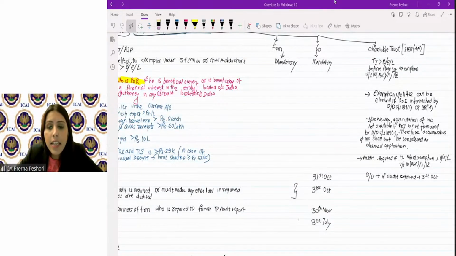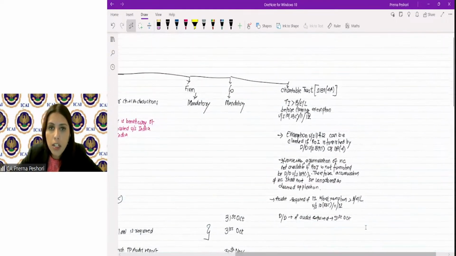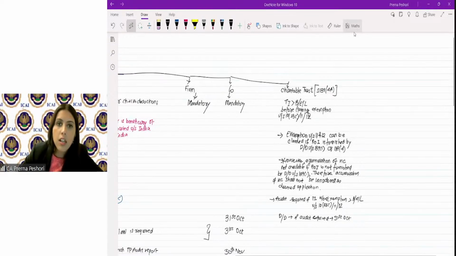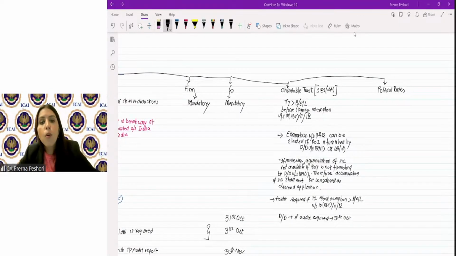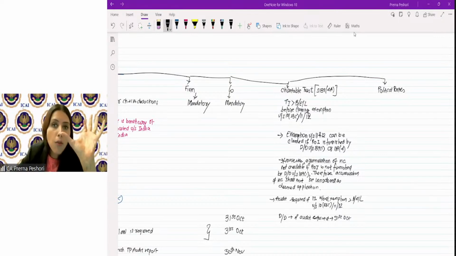Then there is the return of the political parties. Sorry, not the income, the returns for the political parties. They are also statutorily required to file the return of income if they want to claim the exemption on income.